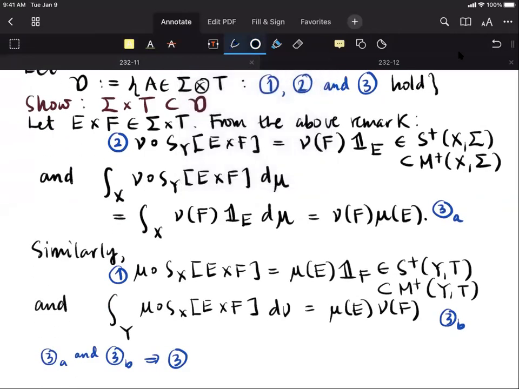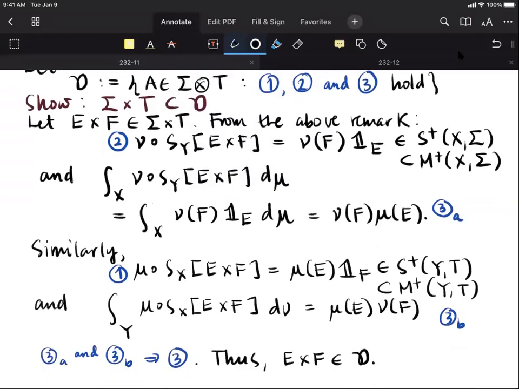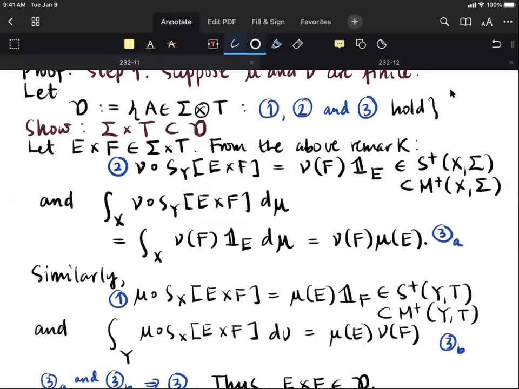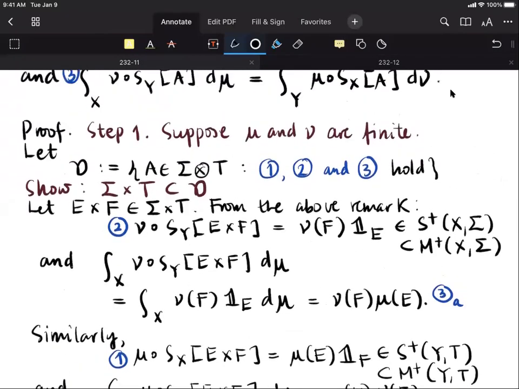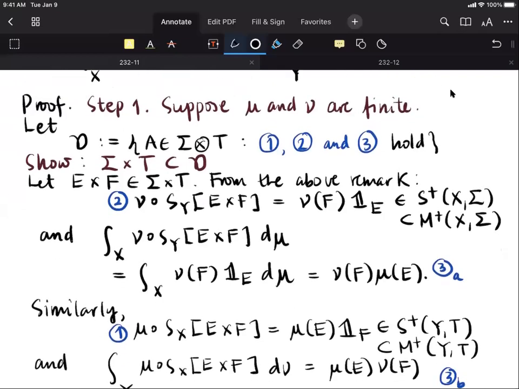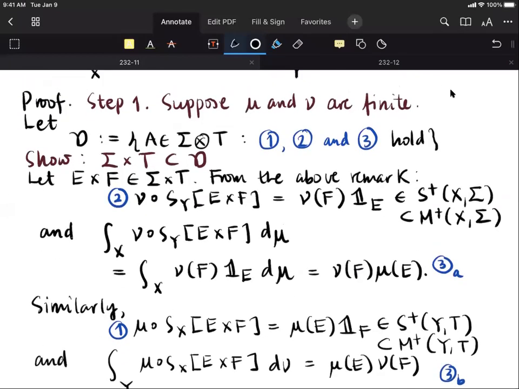So to conclude, we see that the Cartesian product is in D, since the three properties are satisfied. Okay, so that's the first one. Next, we show that this D is in fact a Dynkin system.